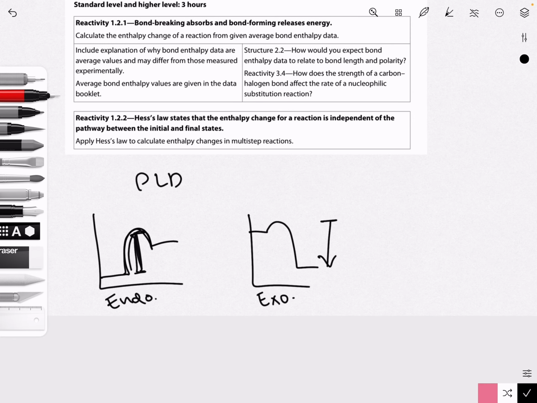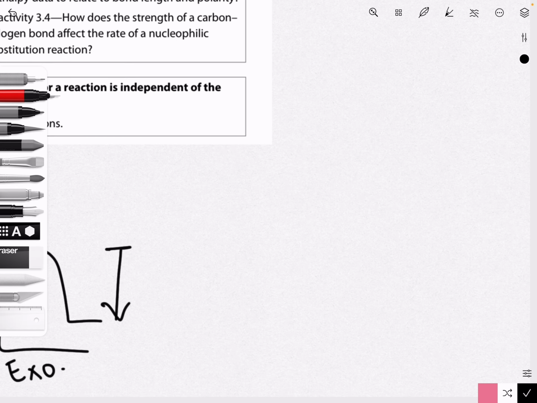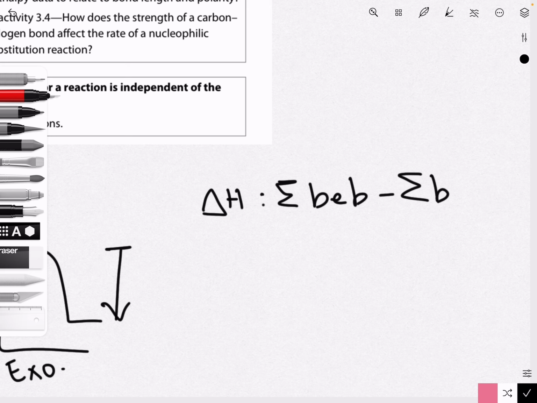Now, this is important to keep in mind when we are calculating the change in enthalpy of reaction, because to calculate this, we will need the formula, which is delta H, or change in enthalpy, equals the sum of bond energies broken minus the sum of the bond energies made.